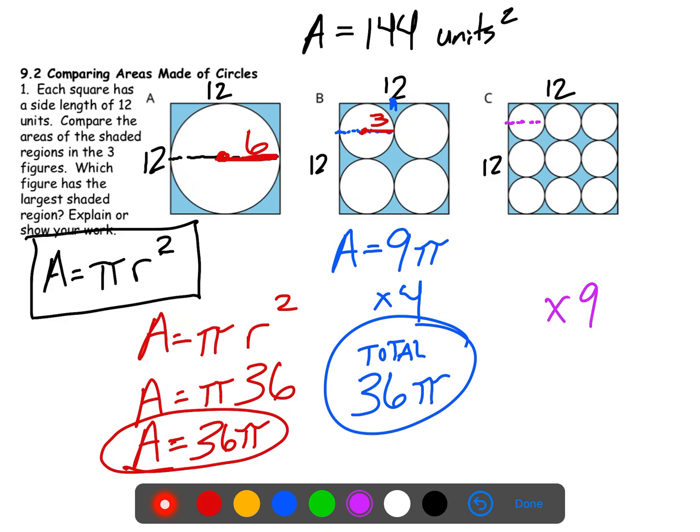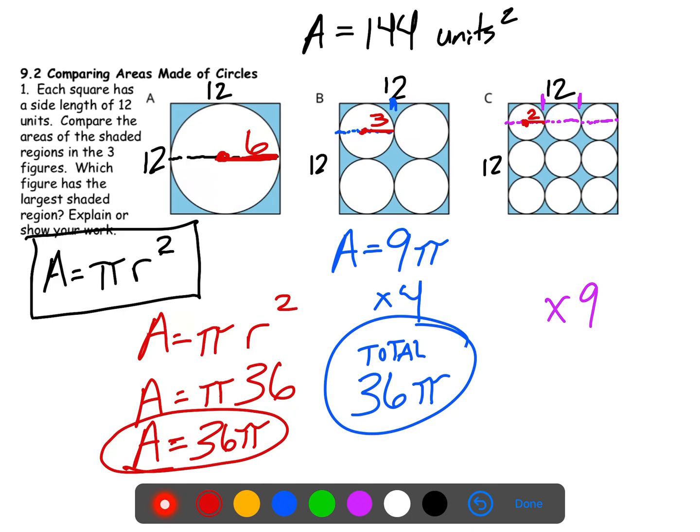And if our side of the square, which is 12, is made up of 3 of the same diameters, 3 of the same numbers, then the diameter of the circle must be 4, because 4 plus 4 plus 4, or 4 times 3, will give me 12. Now if the diameter is 4, then the radius, which is half, is only going to be 2.